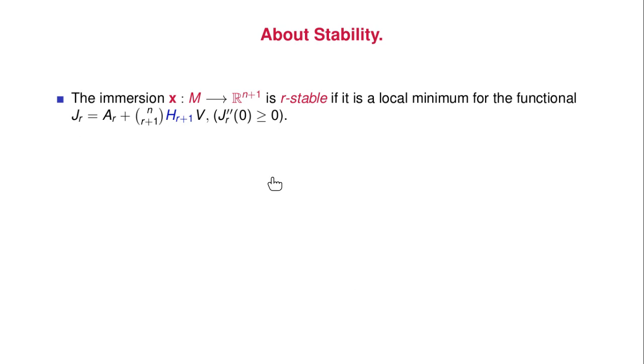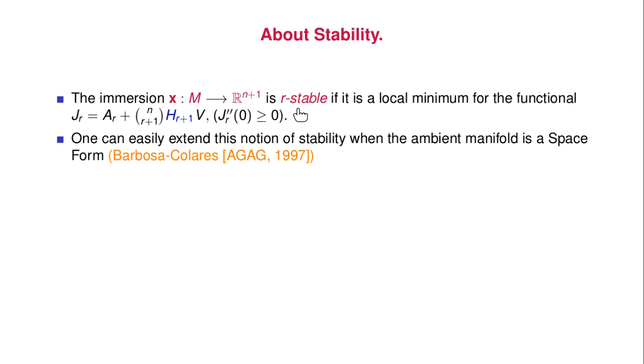Okay, so J prime of 0 is 0, and then J second is larger or equal to 0. This is the usual notion of stability for a submanifold. And this notion in R^{n+1} can be extended to space forms. And this was studied by Barbosa and Colares in '97.